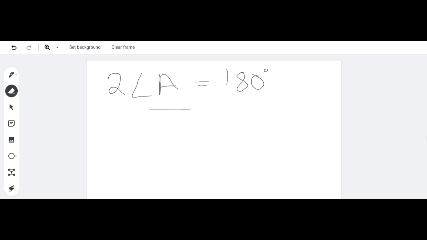What will be the next step here? 2 is multiplying with angle A. Can 2 move to the 180 side and do the multiplication? Division? No, it's multiplication here, so on the other side, he has to do the division. So 180 divided by 2. Got it? So what will be the answer?